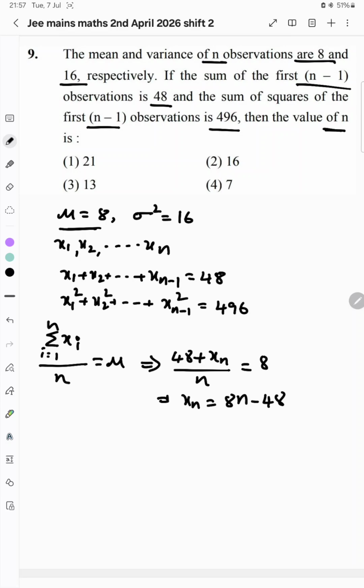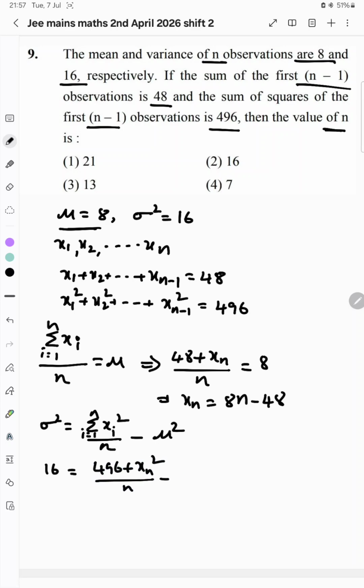Now one more piece of data: the variance is 16. The variance formula is sigma xi square by the number of observations, where i runs from 1 to n, minus the mean square. This is 16. The sum of the squares of all n numbers is x1 square plus x2 square plus up to xn minus 1 square, which is 496, plus the last observation xn square, divided by n, minus the mean square, which is 8 square, that is 64.